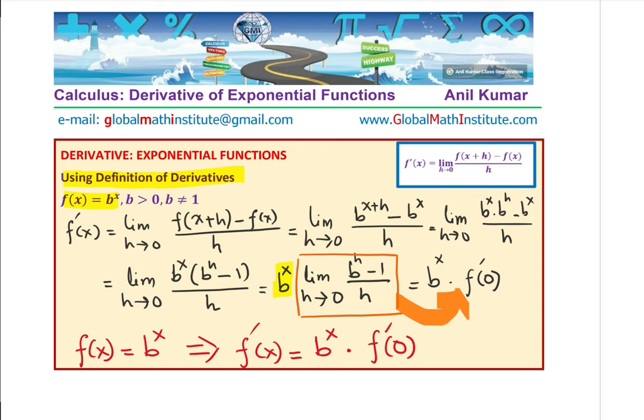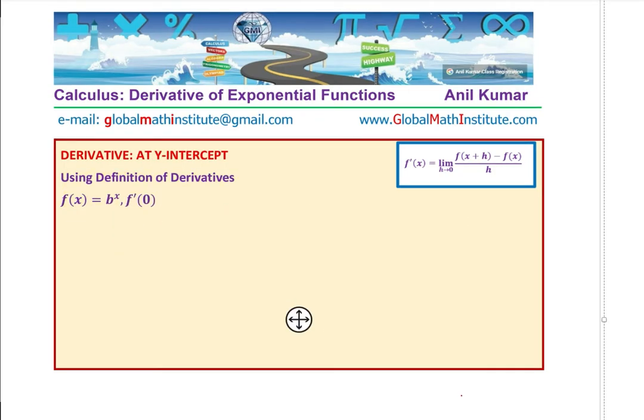So, okay, this definition is clear, but now the question remains, how did we go from limit h approaches 0 of b to the power of h minus 1 over h to the derivative at the y-intercept, where x is 0? Let's explore this a bit more, right? And then the derivative is there for you. We will further move ahead.